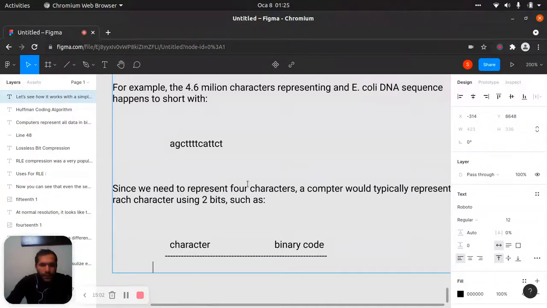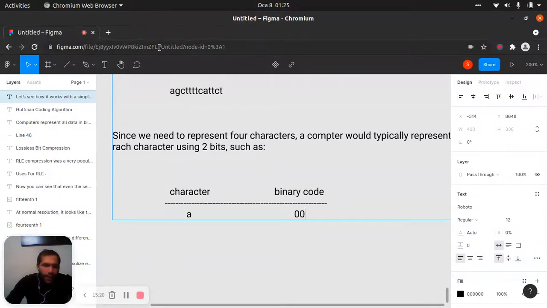Now, let's come here and say character is A, and we are representing it with the bits like 0, 0. So A we are representing with 0, 0. Okay.